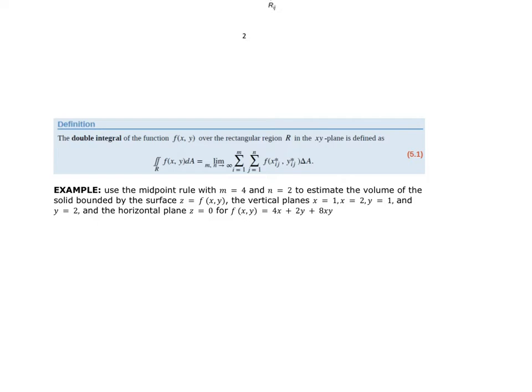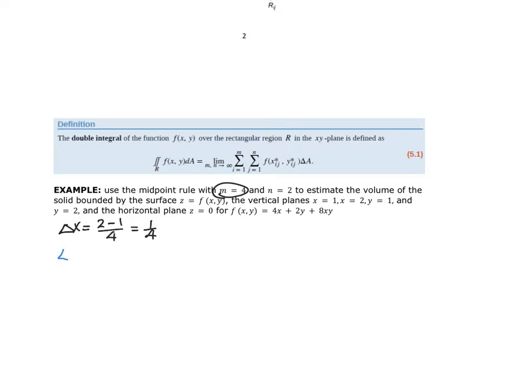The first thing we want to do is find my area, my delta A. So delta x is going to be b minus a divided by m, and we want the m to be 4. So I'm going to use 4 in this direction, and this is going to give me 1/4. m is going to go with my x, and n goes with my y.